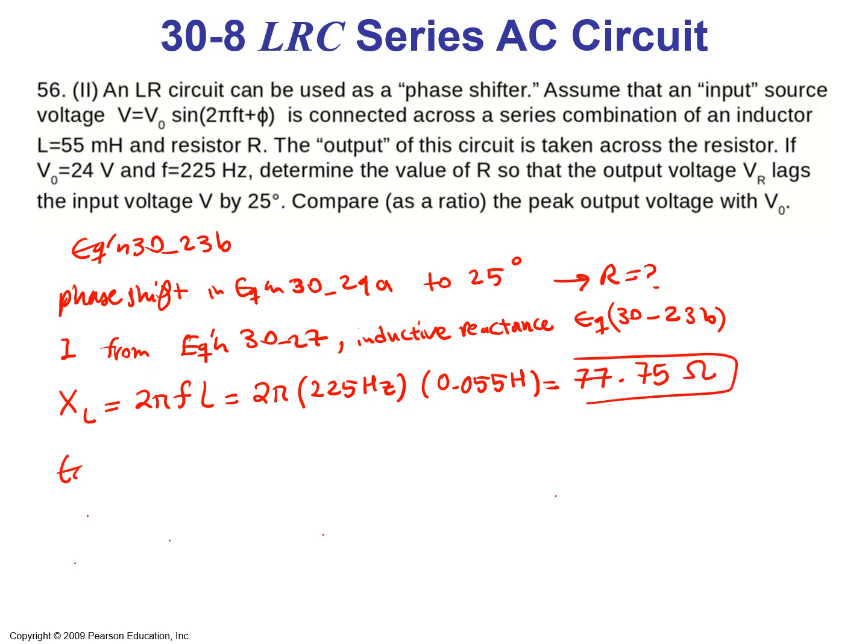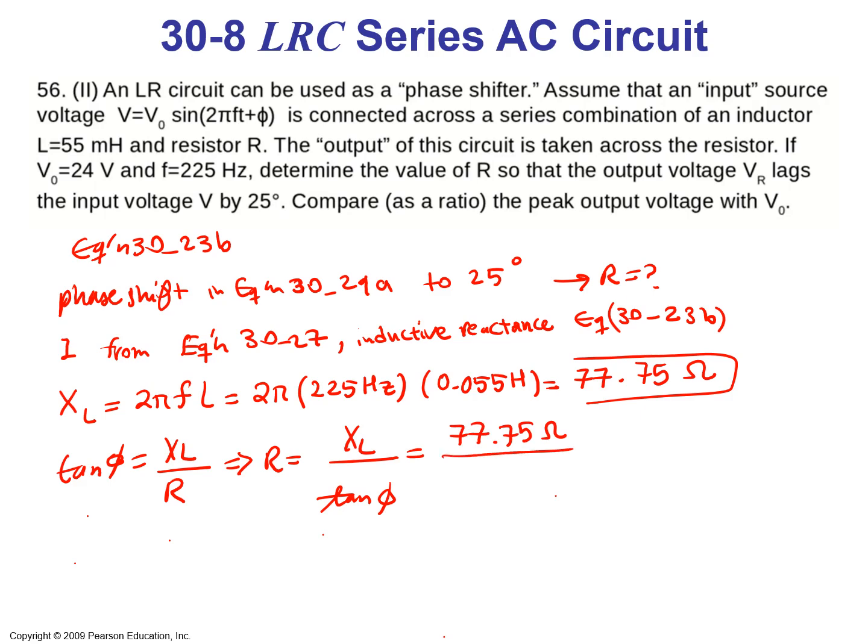The phase shift tan phi is equal to XL over R. So we can solve it for R as XL over tangent phi, and we have 77.75 ohms from the reactance of the inductor divided by tangent of 25 degrees. That gives us 166.47 ohms, which is almost 170 ohms.